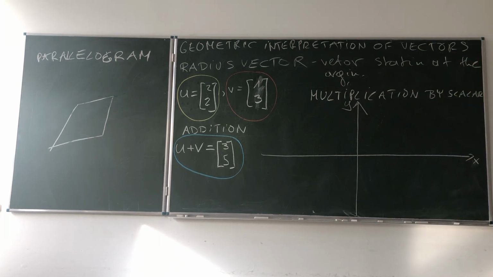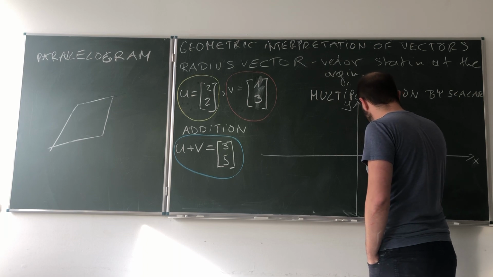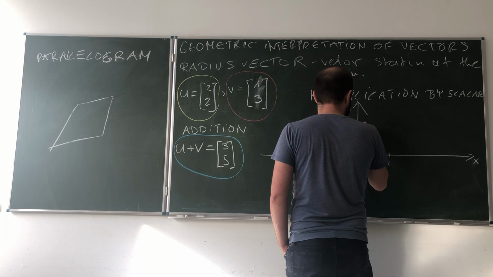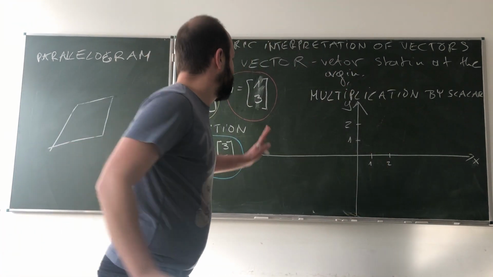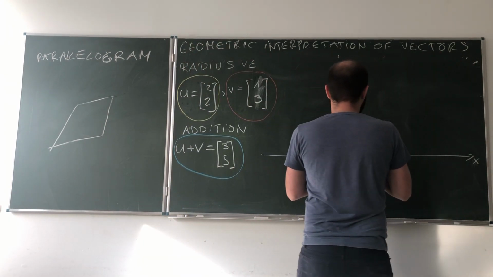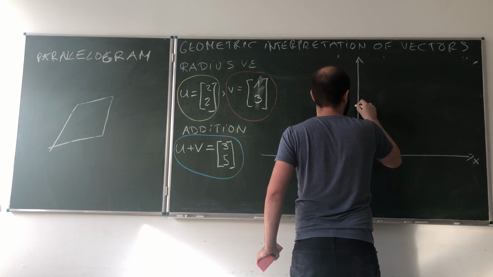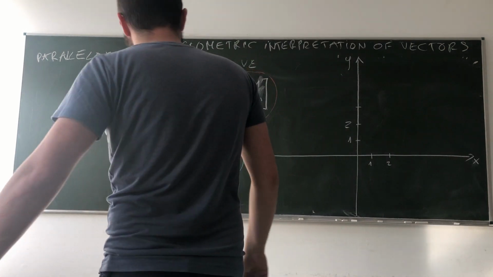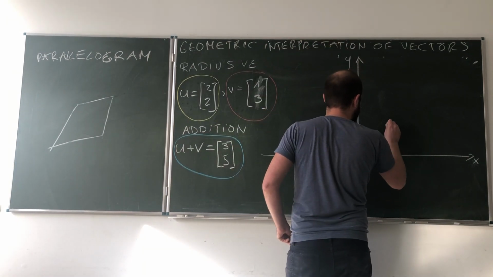Okay, so now we'll just concentrate on vector u. We've got 1, 2. We will need a little bit more space, so let me just, okay, I think this is going to be enough. So, again, I'm going to start by simply drawing vector u.